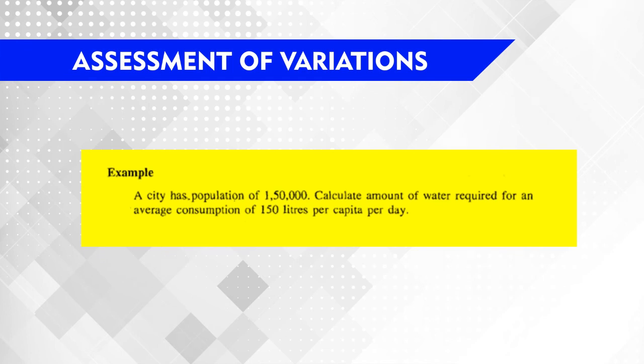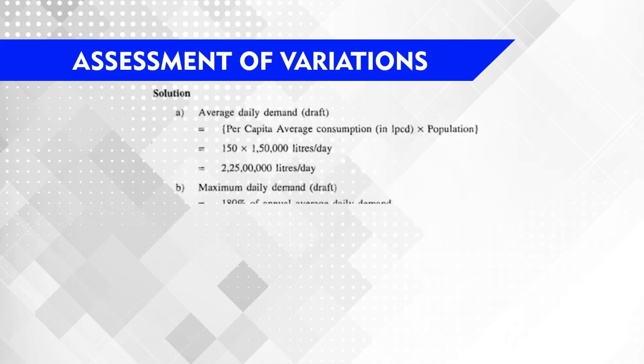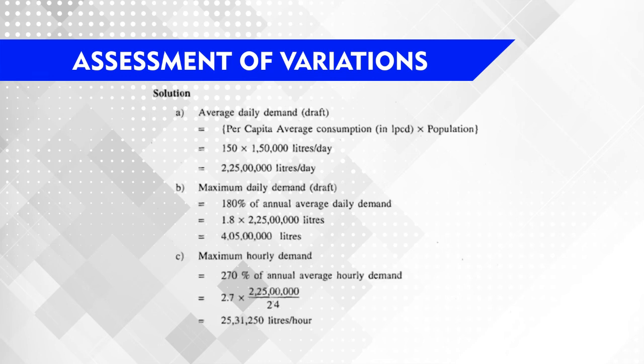A city has a population of 1,50,000. Calculate the amount of water required for an average consumption of 150 liters per capita per day. So average daily demand is equal to 150 into 1,50,000 liters per day, which is 2,25,000.